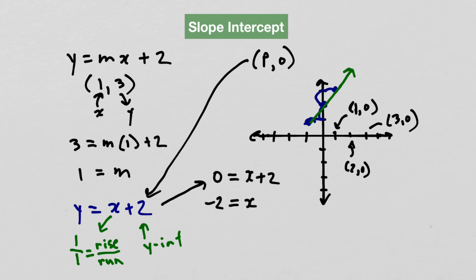That means the line crosses the x-axis at negative 2, 0. So we need to put a dot right here, negative 2, 0, and then continue drawing the line. Not exactly a straight line, but you get the idea. So hopefully that made sense to you. Let's try another problem.